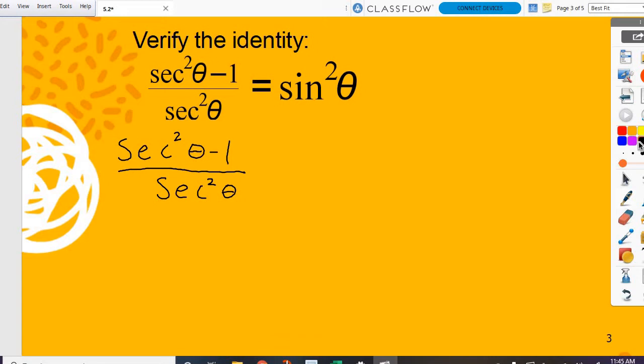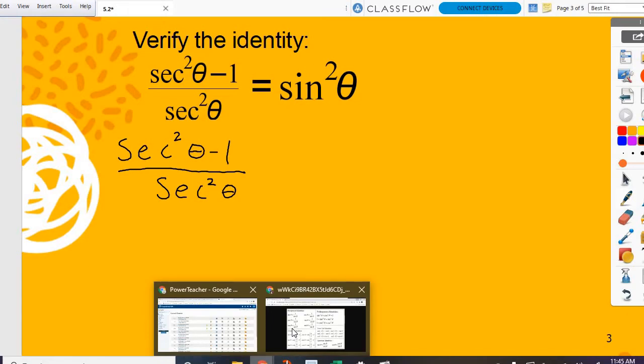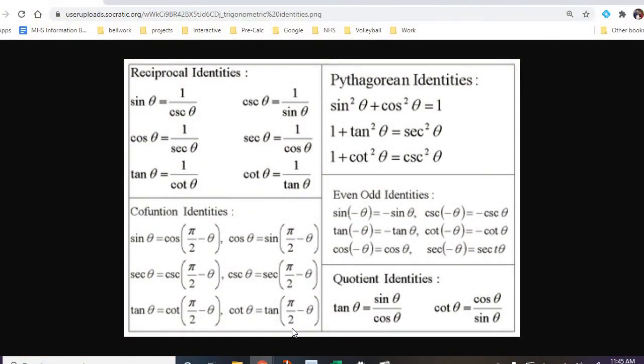But yes, our secant squared of theta minus 1 is squared and has a 1, so it looks very similar to one of our Pythagorean identities. Now, is it one of my Pythagorean identities just as it is? Not quite, right? I have a secant squared and we have a 1.